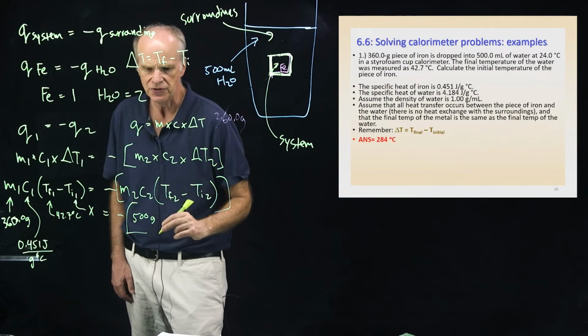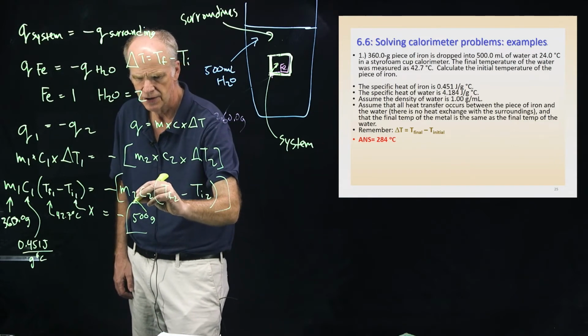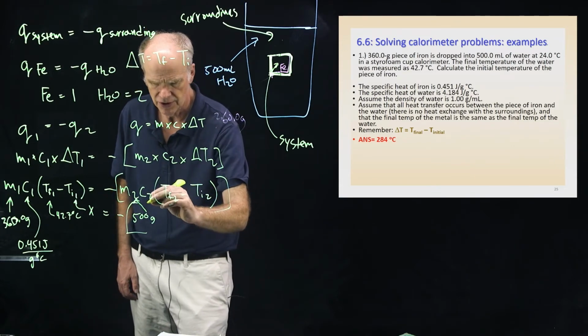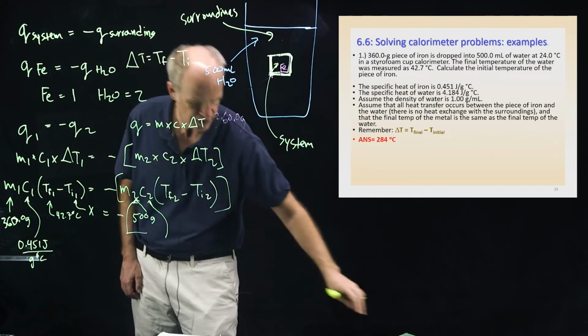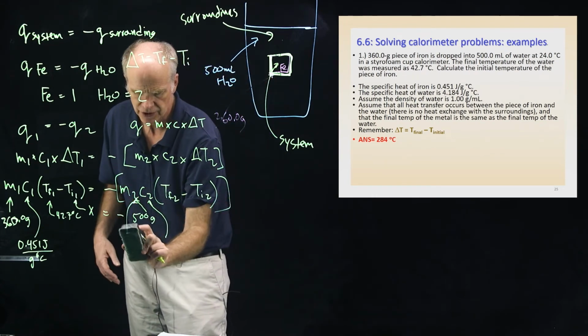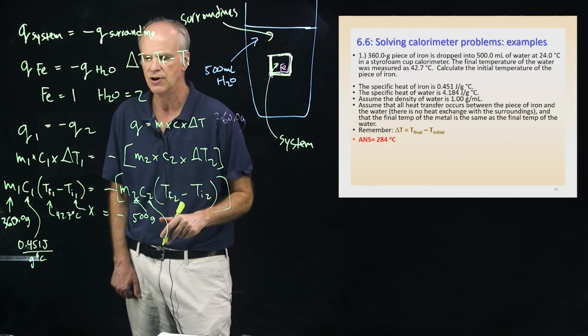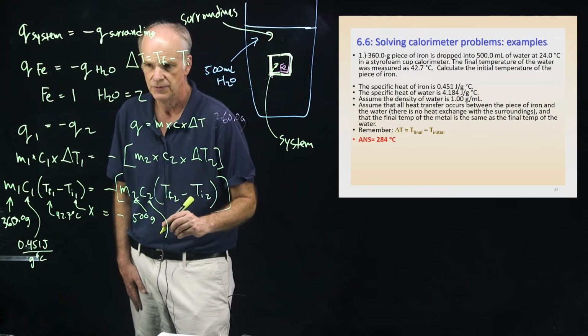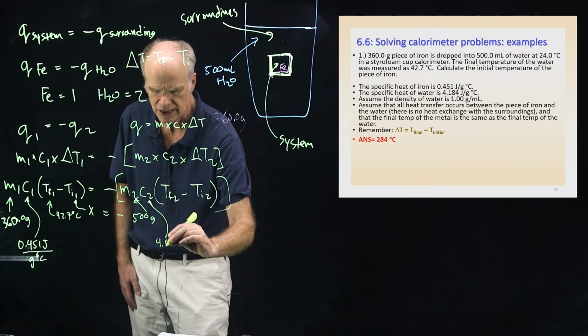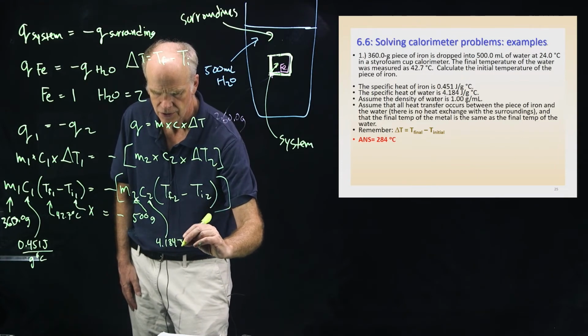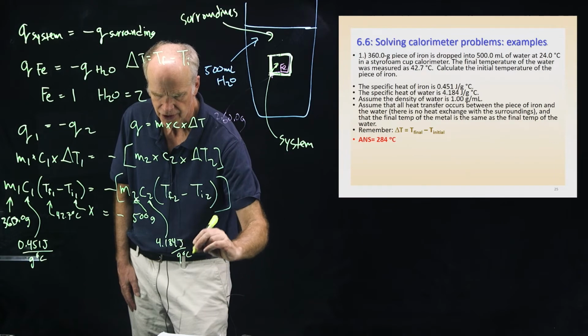And then the specific heat of the water here is going to be what? Let me get rid of those brackets there. That's confusing. Sorry about that. There we go. The specific heat of the water is going to be 4.184 joules over grams degrees Celsius.